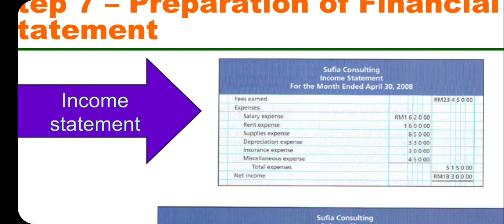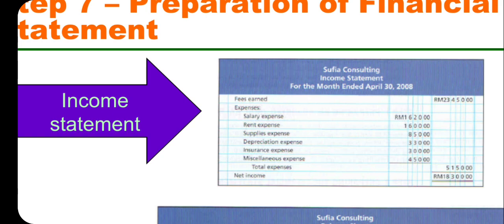After you have shown the revenue, you have to list all the expenses. Here in this slide, you can see the example of expenses are salary, rent, supplies, depreciation, insurance, and miscellaneous expense. And then you calculate the total expenses. See here, the total expenses equal $5,150.